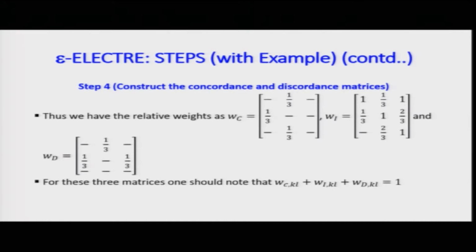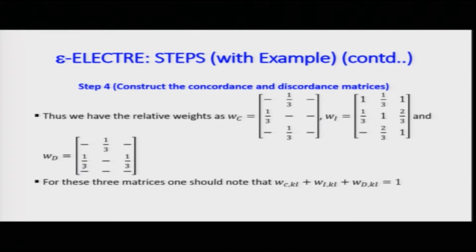So, if you add up, say, first element dash, second element 1, third element dash, it is 1. If you add up 1/3, 1/3, 1/3, it is 1. If you have dash dash 1, it is 1. If you add up 1/3, 1/3, 1/3, it is 1. Then dash 1 dash is 1. Then dash, 2/3, 1/3 is 1. Going to the last row, dash dash dash, okay, you have to check this, I will double check that.